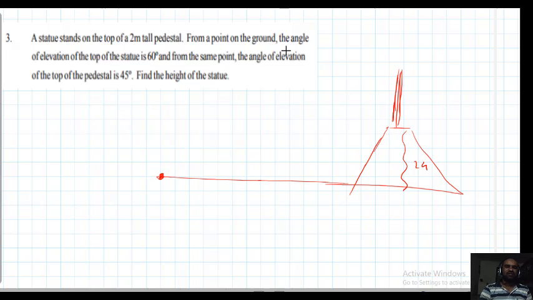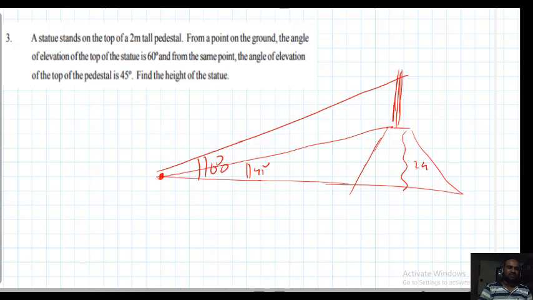The angle of elevation of the top of the statue is 60 degree, this is 60 degree. From the same point, the angle of elevation of the top of the pedestal is 45 degree, so this angle is 45 degree. Now we want to find the height of the statue. This height we should find. So this is the problem.